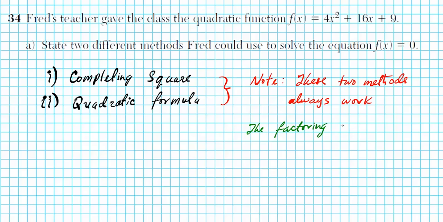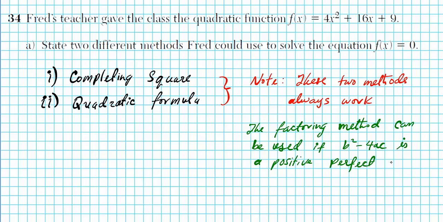The factoring method can be used if b squared minus 4ac is a positive perfect square. So that radical component of your quadratic formula will actually become an integer, and then all you have to do is deal with rational numbers.